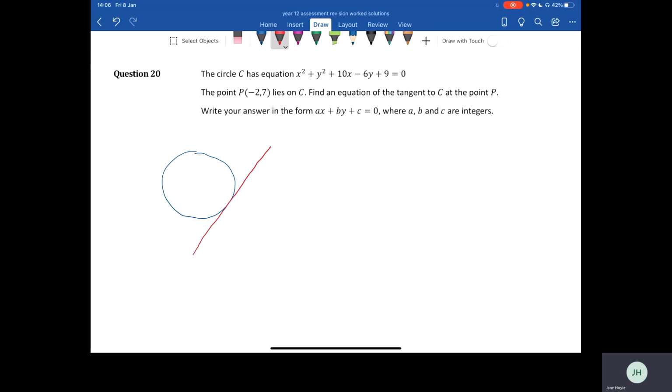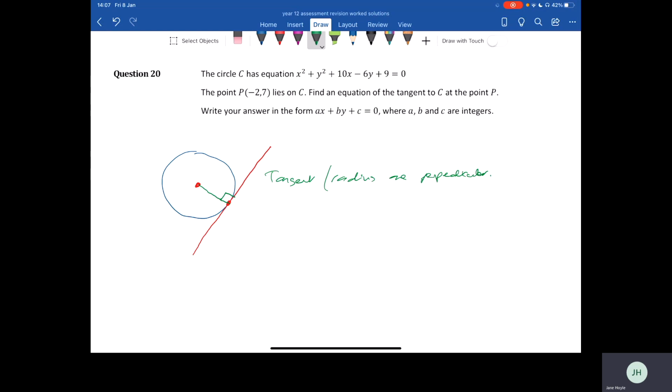And that is if I draw a tangent to a circle, this is of course circle properties, circle theorems, so I think Year 10, probably. Whenever you have got a tangent and a radius, a tangent and a radius are always perpendicular. So essentially the radius is normal to the tangent.